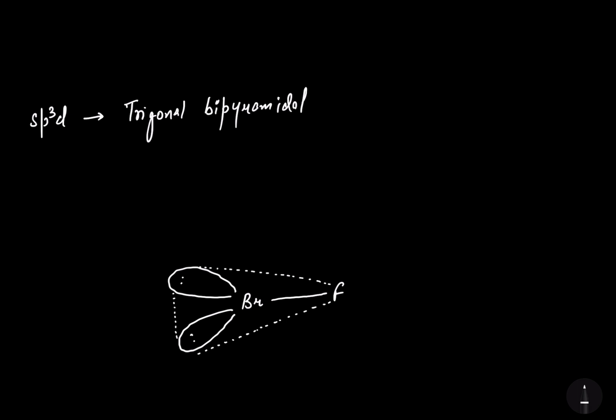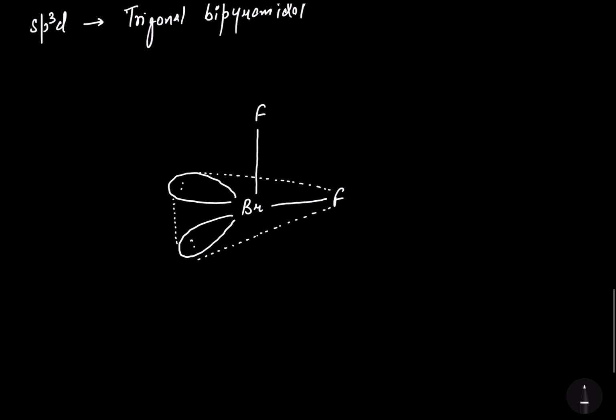So we got the 2 lone pairs on the equatorial position. Now we are left with 2 fluorine atoms. That's the second fluorine atom of the main structure, and that's the third fluorine atom of the main structure.